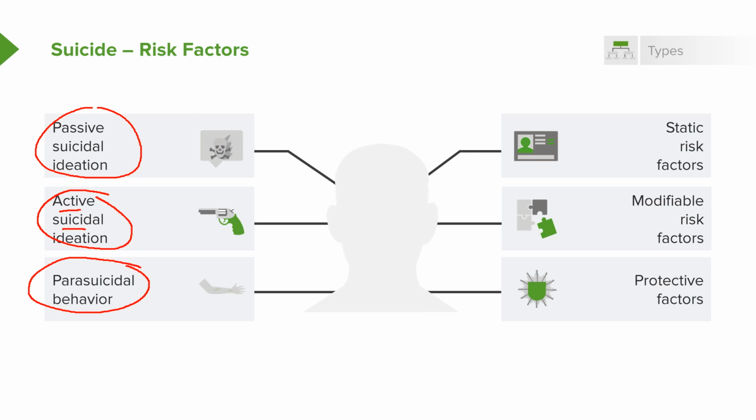When we talk about suicide and self-harm and what the risk factors are, there are what we call static risk factors. Static risk factors are things that do not change or cannot be changed by the patients. There are also modifiable risk factors, meaning these factors can actually be changed.